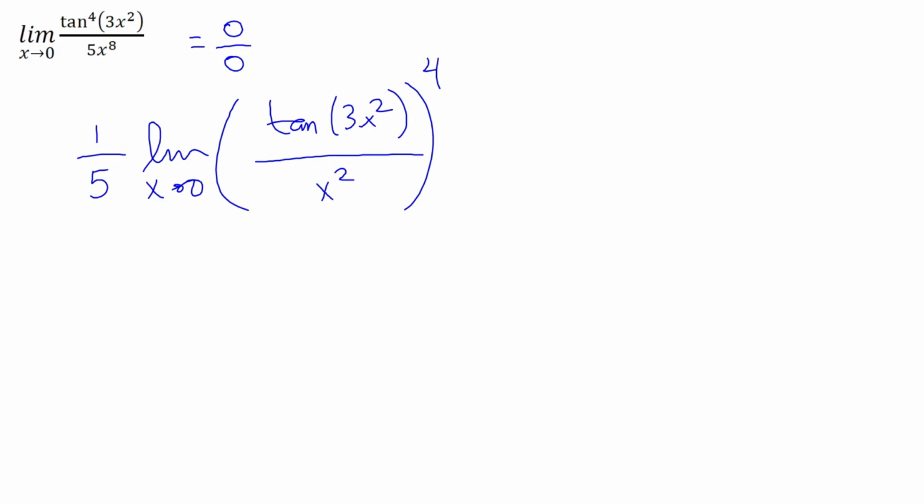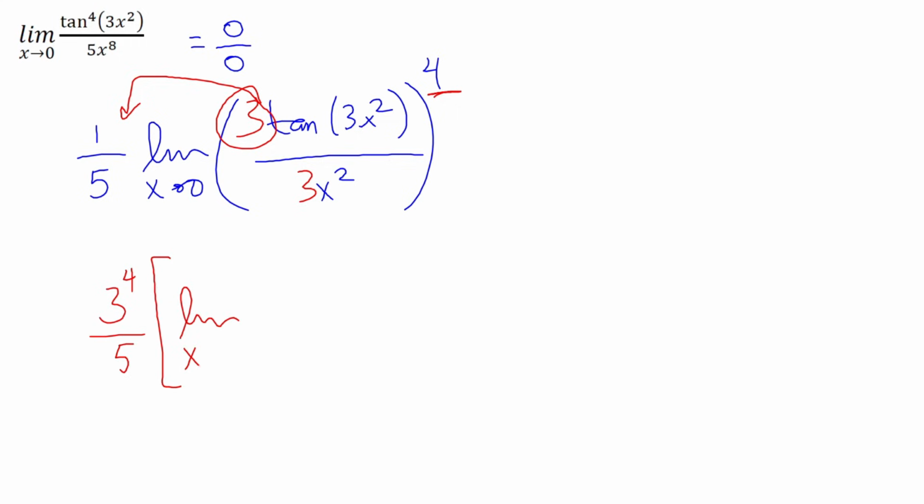So we'll throw a 3 into the denominator and a 3 into the numerator, and then pull that 3 from the numerator out, remembering that it is a 3 to the 4th power. So we'll have 3 to the 4th over 5. And now everything inside of that limit is being raised to the power of 4. So we can pull that power of 4 outside the entire limit.